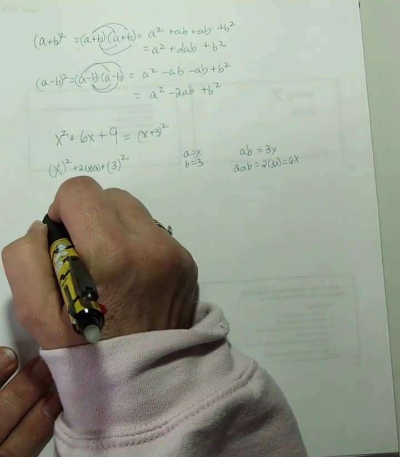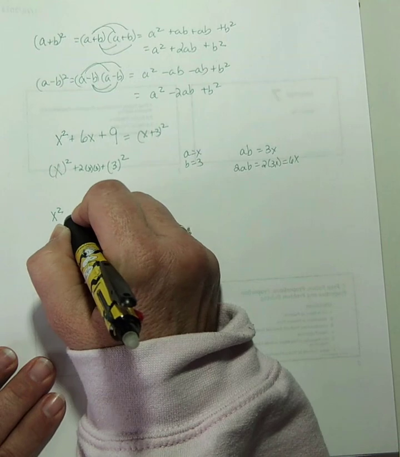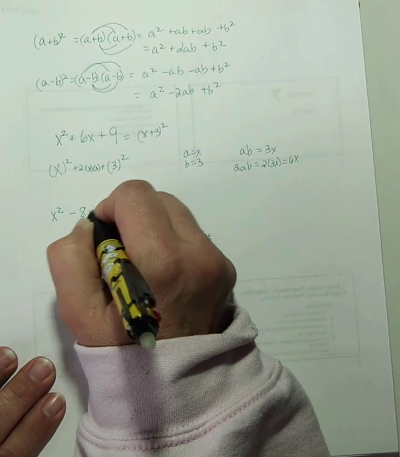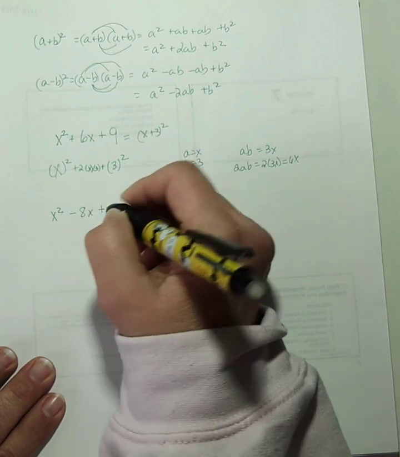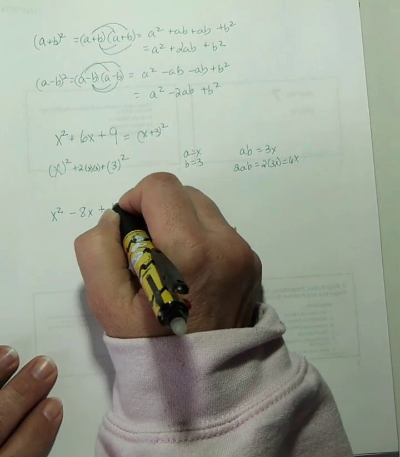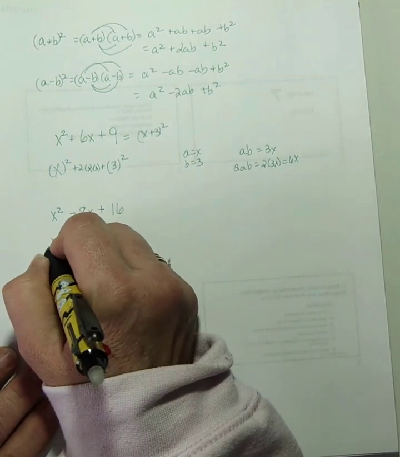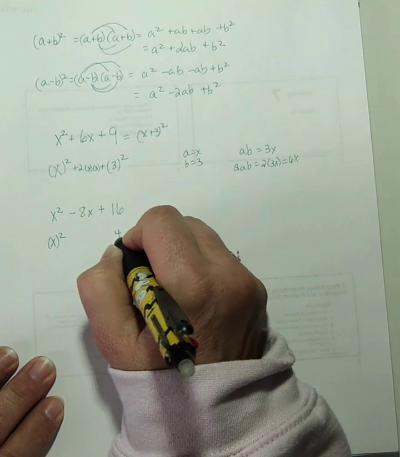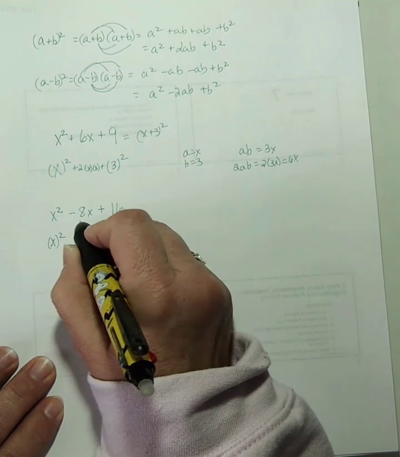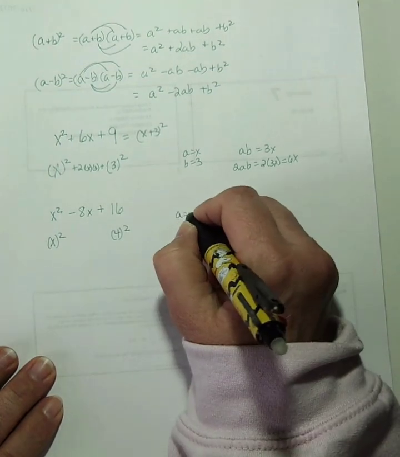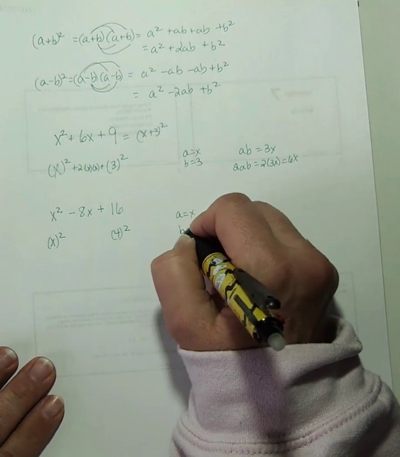If I had x squared minus 8x plus 16, I know that this is x being squared and this is 4 being squared. And I see the middle term is negative. So I know my a is x, my b is 4.